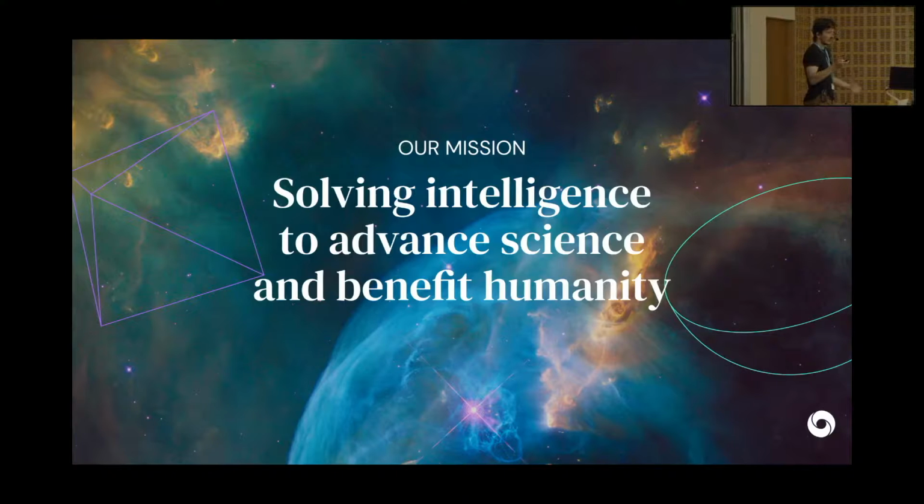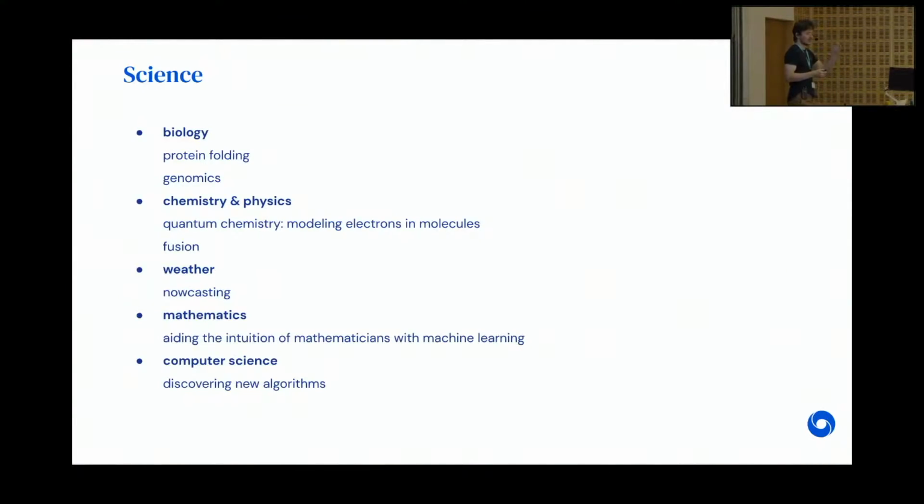More concretely, we have different sub-teams within the science team that try to do this for different branches of science. For example, maybe the most well-known example is in biology, where a system called AlphaFold has solved the problem of protein folding, and we are trying to do similar things in other branches of science, including chemistry and physics. In mathematics, we have work that shows how machine learning can be used to aid the intuition of mathematicians.